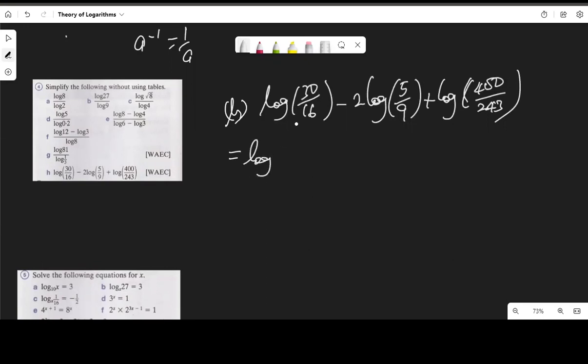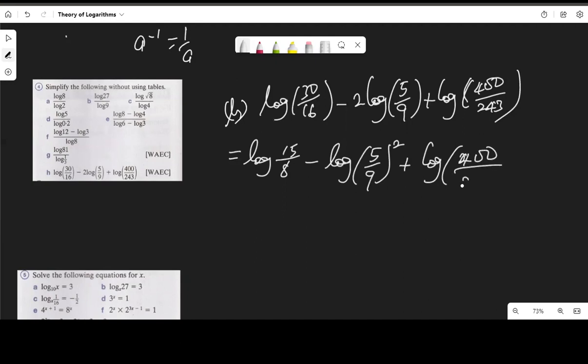Since this number can divide, let's reduce it so that it will make our work easier. 2 in this is 15, 2 in this is 8, then minus these 2 will come here. So I'll have log 5 over 9 to the power of 2, applying the law of logarithm, plus log. There's nothing that divides 400 and 243, so it's still going to remain as 400 over 243.